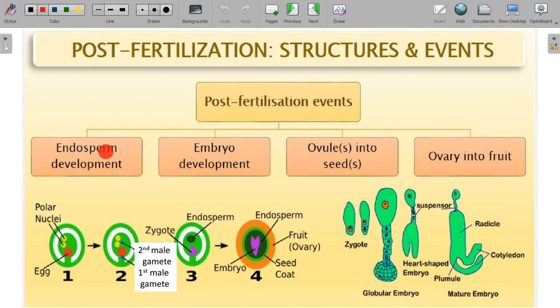In angiosperms, only when a certain amount of endosperm is formed, then only we get an embryo. Then only the zygote will transform to an embryo, the ovule will transform into a seed, and the ovary will transform into a fruit. So these are the various events that we're going to discuss.